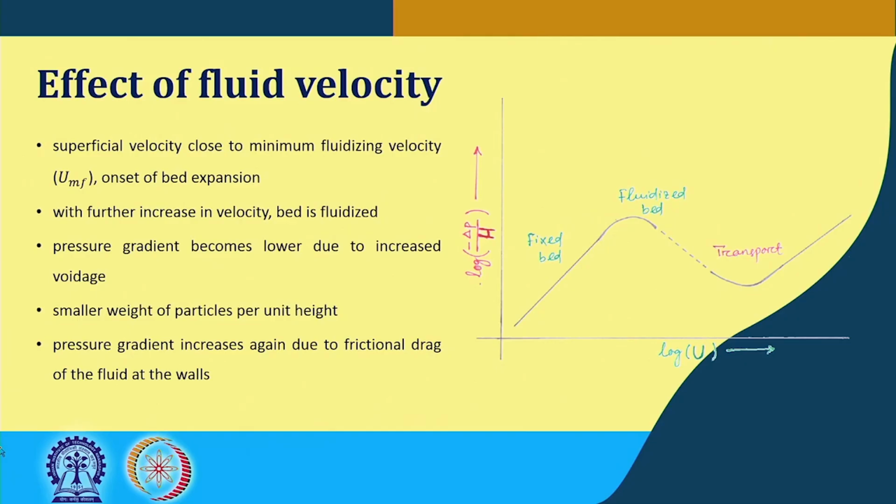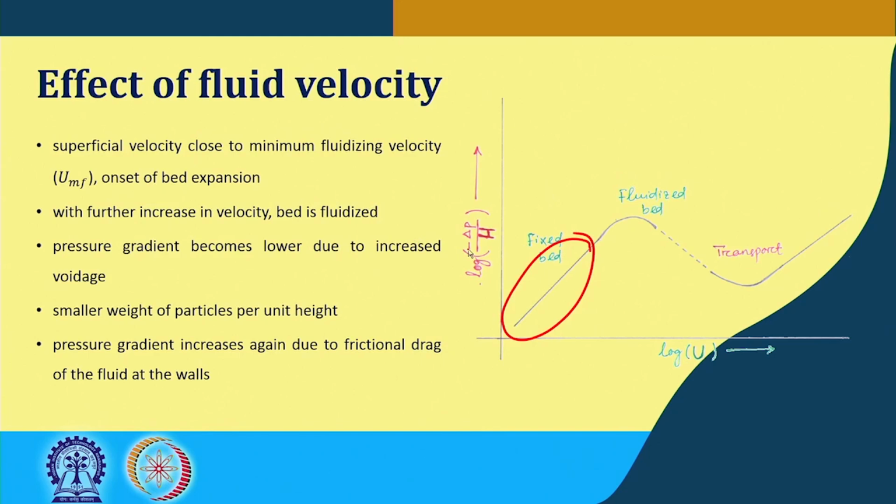Now consider the scenario that we have seen for the fixed bed case. We had a packed bed of particles and we increased the superficial velocity. Till a point there is a linear variation in case of laminar flow. That is the first part of the Ergun equation.